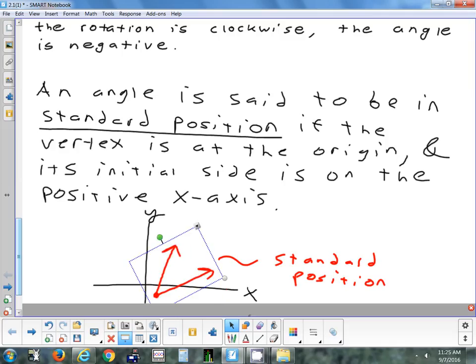What if I put it like this? Is that standard position? Nope. How come, Connor? It's not on the positive x-axis. Right. The terminal side is on the positive y-axis, but that's not part of the definition at all. It's the initial side that has to be on the positive x-axis. So that's standard position.